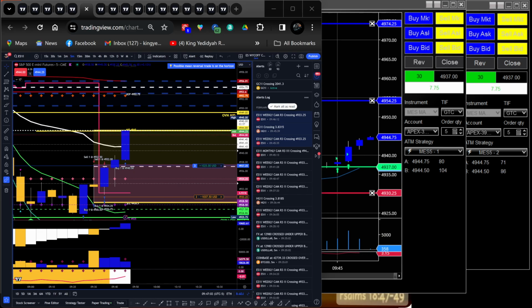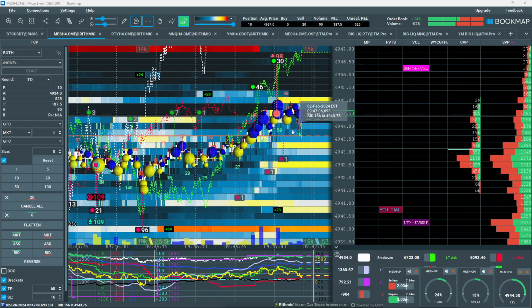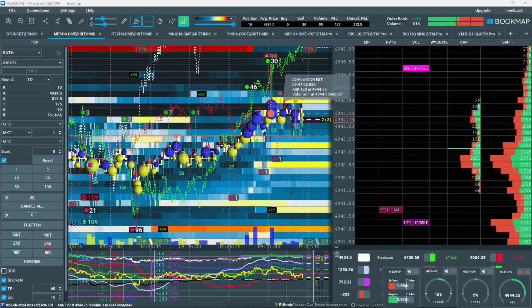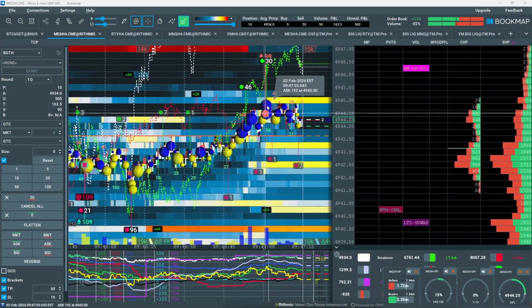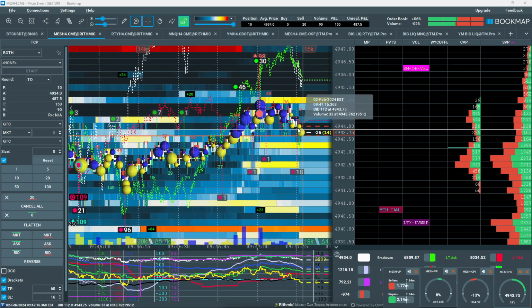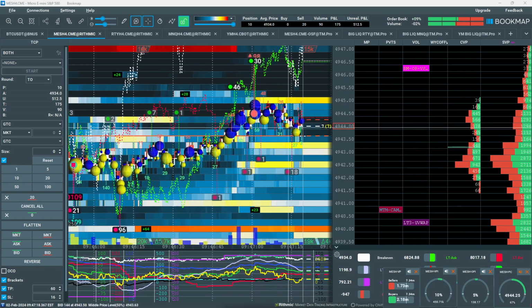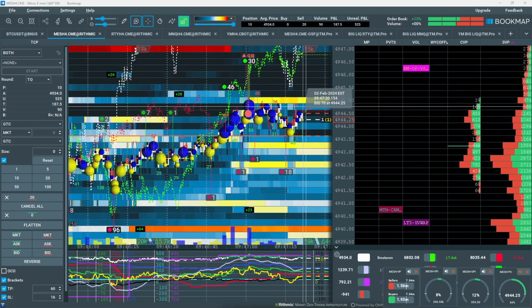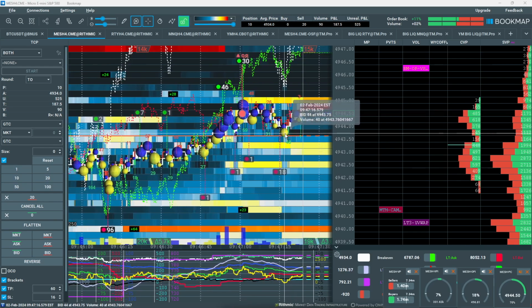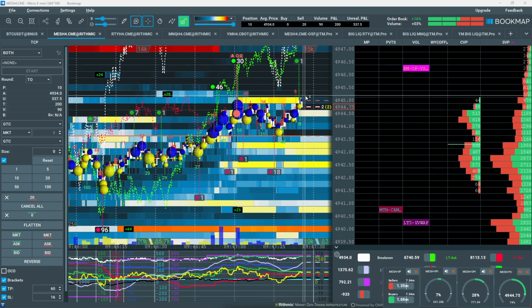Alright, so it's looking like we're heading up to Camarilla R3. Let's see how Bookmap order flow is going. Up here, nice clusters of buying, not much selling, just some taking profit. Buyers are re-establishing every time we come back and we get this selling here, they're jumping back in.